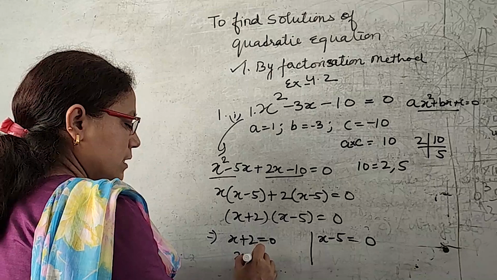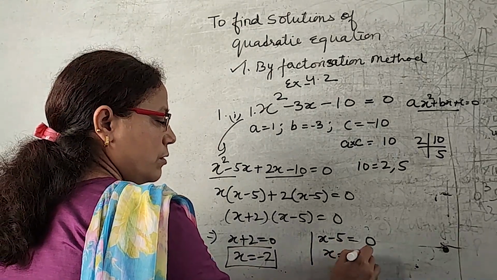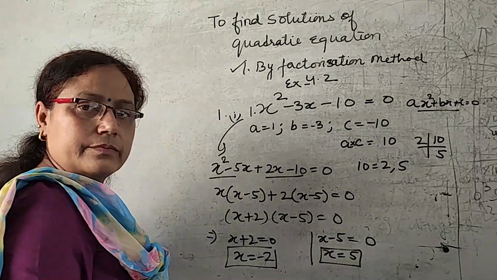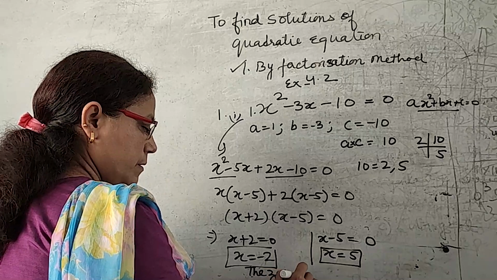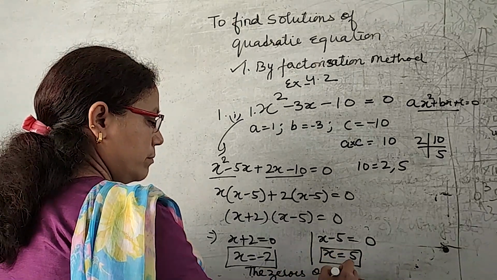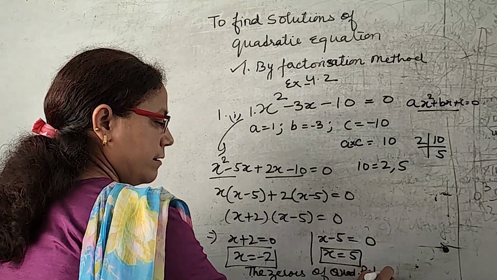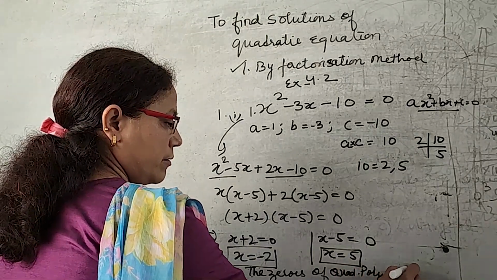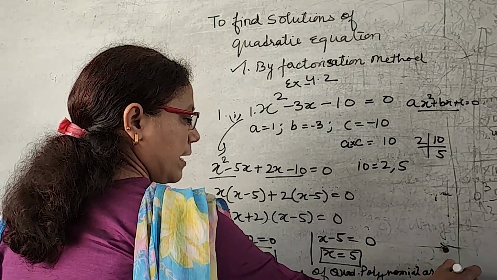So it gives x equal to minus 2 and x equal to 5. So the zeros of the quadratic polynomial are minus 2 and 5.